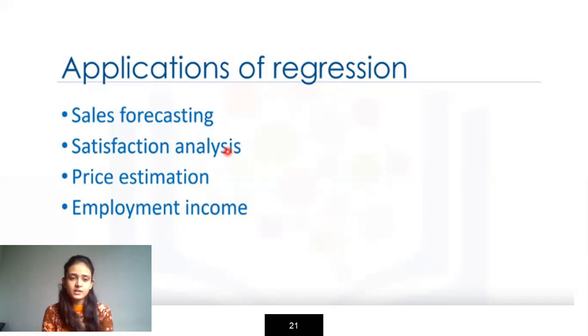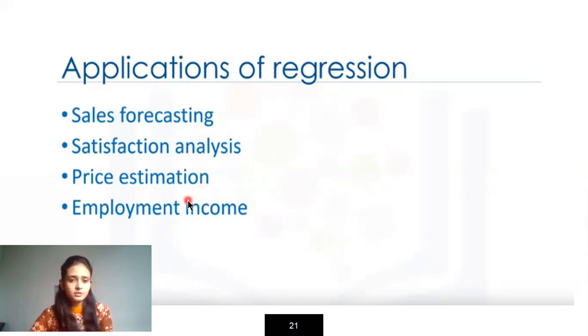My sales increase during festivals, and if there are no festivals, then my sales are constant. So what will be my sales for a new festival? Suppose I want to know what my sale will be on Diwali, then you can predict based on the past data. The model will learn from the past data, and you can predict the value of the future. Then comes satisfaction analysis, and then comes price estimation.